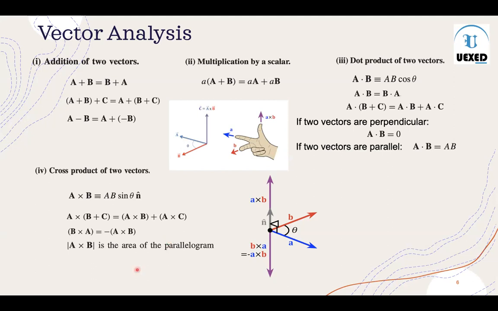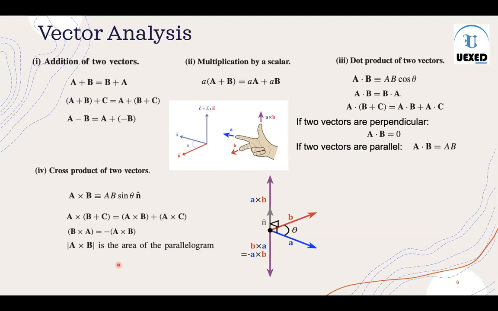Then the important thing is the magnitude of A cross B, and what it physically means to us. This is again important for your competitive exams. Sometimes I saw this type of question maybe 15 years back, but such questions are very important to understand, because there should be a physical reason for this cross product.